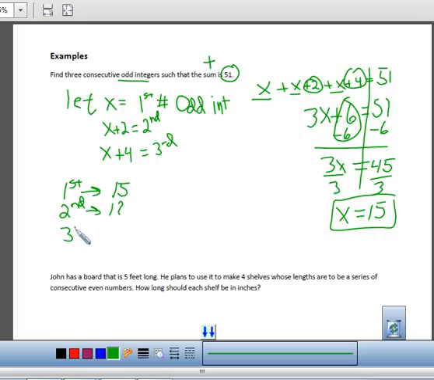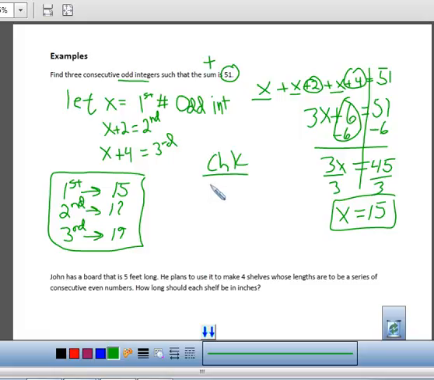And then the third number is going to be 19. If you don't identify the three numbers, if you just stop at x equals 15, you have not answered this question. And by the way, yes, we need to do a check. I know, stop whining about it. You all love the check, because then you know that you got it right.